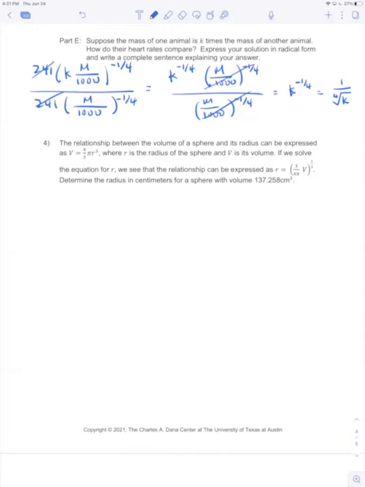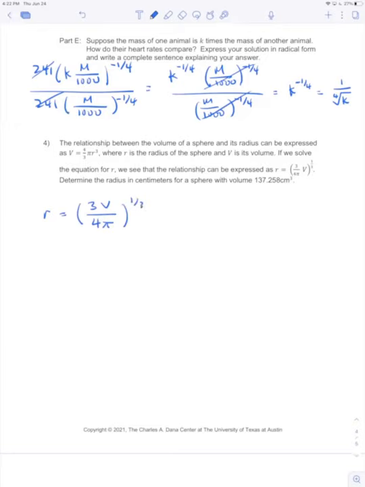Part 4, the relationship between the volume of a sphere and its radius can be expressed as V is equal to 4/3 pi r cubed, where r is the radius of the sphere and V its volume. If we solve the equation for r, we see that the relationship can be expressed as, I'm just going to copy this down here, r is equal to 3V over 4 pi, and this is to the 1/3 power.